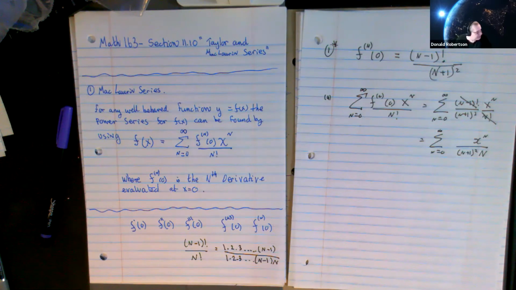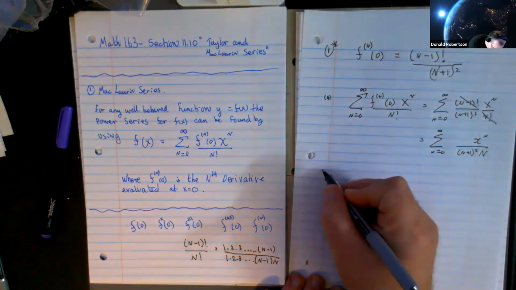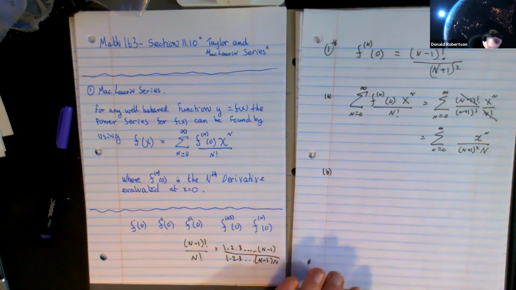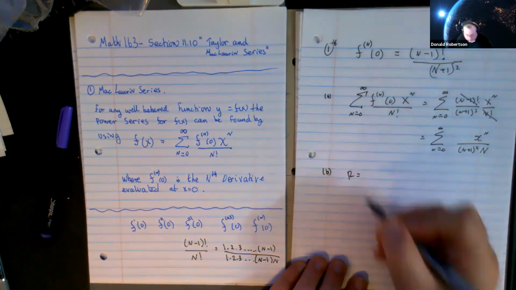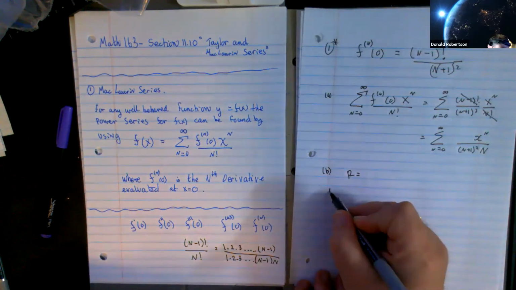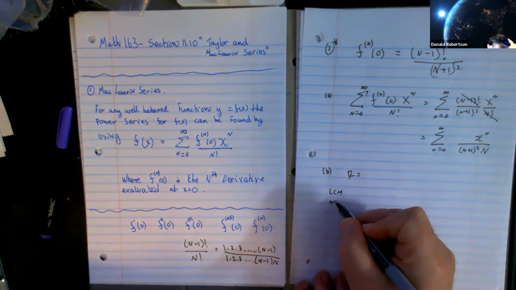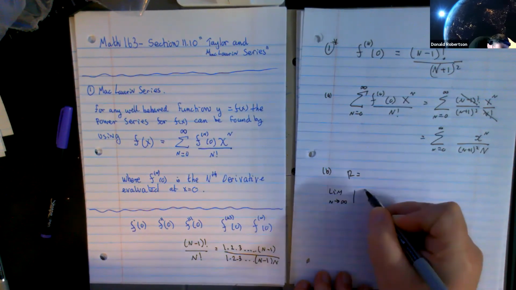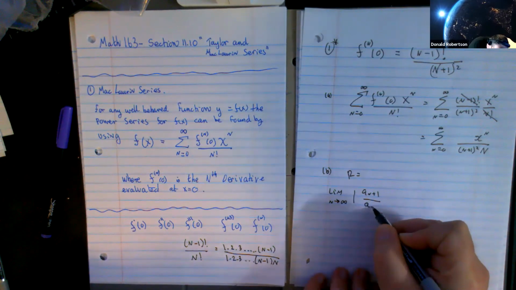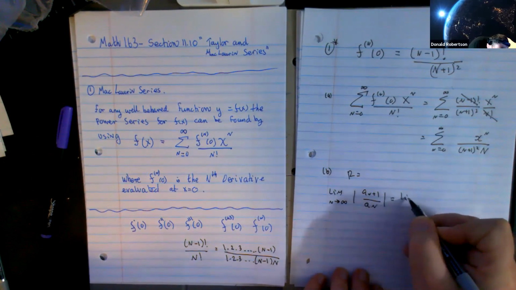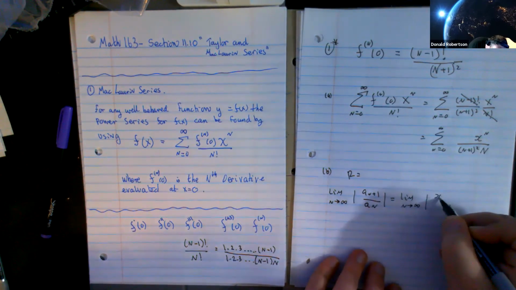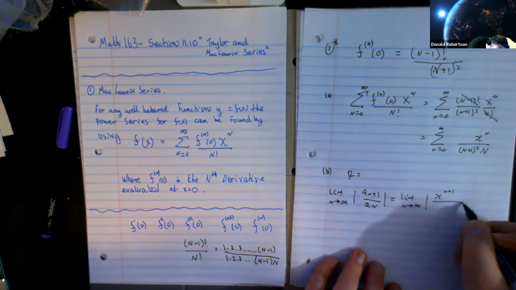And the second part of these questions, and I'm typically not going to do the part B, you're going to be asked to find the radius of convergence. So let's show you how that would work. The limit as n tends to infinity of a n plus 1 over a n. It becomes the limit as n tends to infinity of x to the n plus 1.